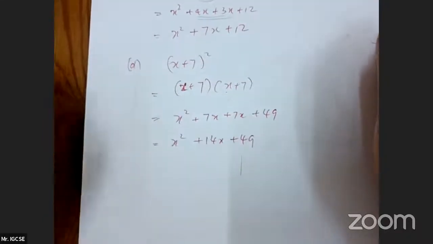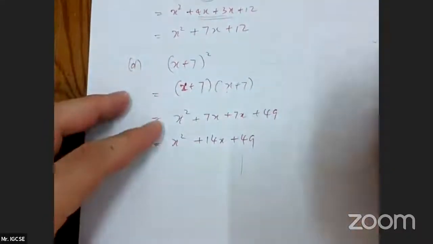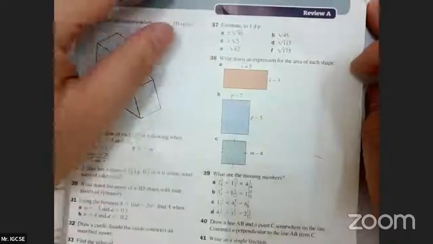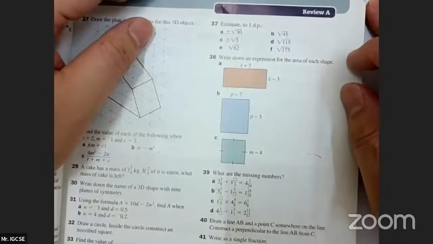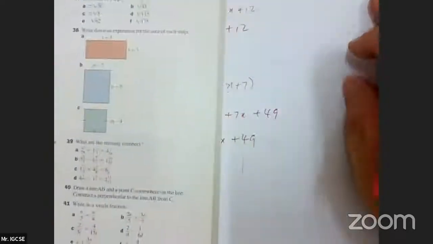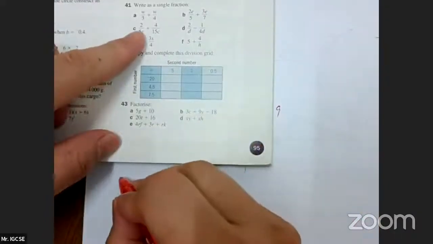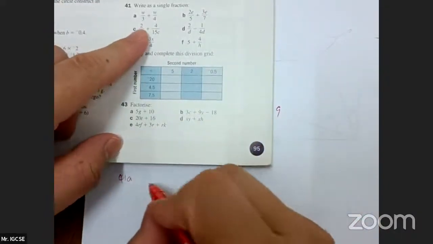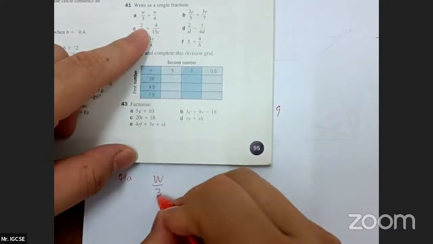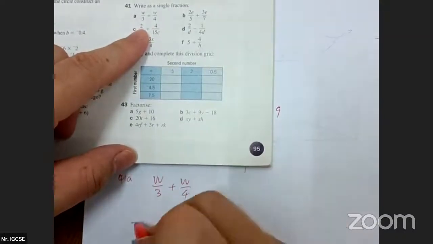Okay, so now we shall go to the last question. Let's pick up a question for you. Number 41. You have A, which is W divided by 3 plus W divided by 4.